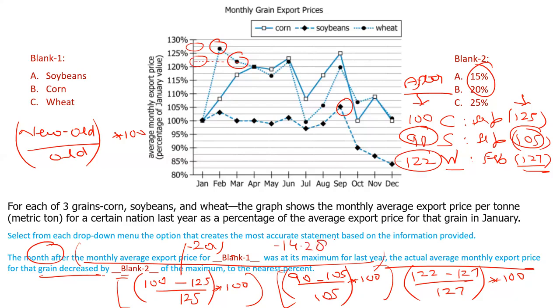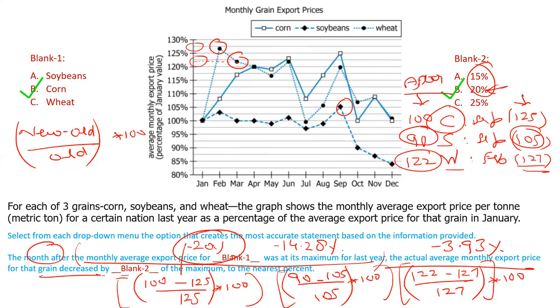And finally, this will be 5 divided by 127. So this is giving me minus 3.93%. Among the given options, it's very clear that this is what exactly matches. And this match is obviously for corn, right? So corn, 20%.